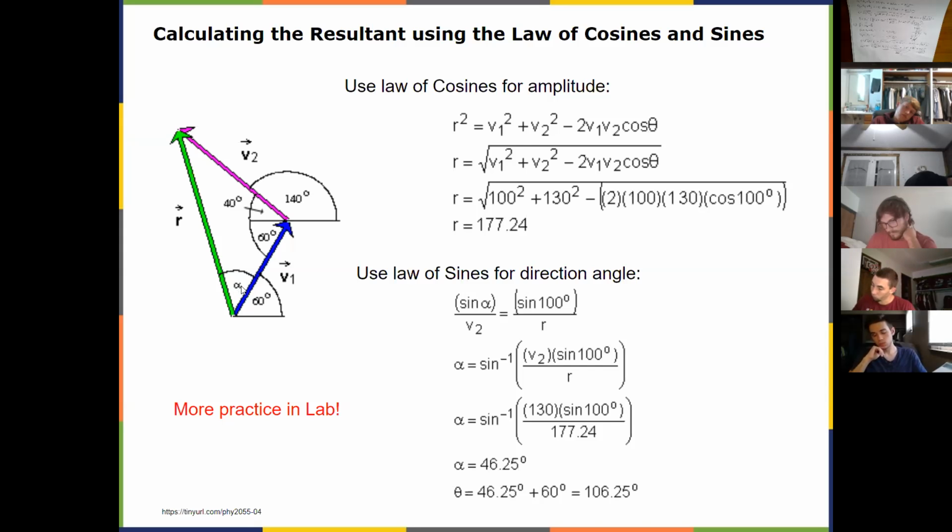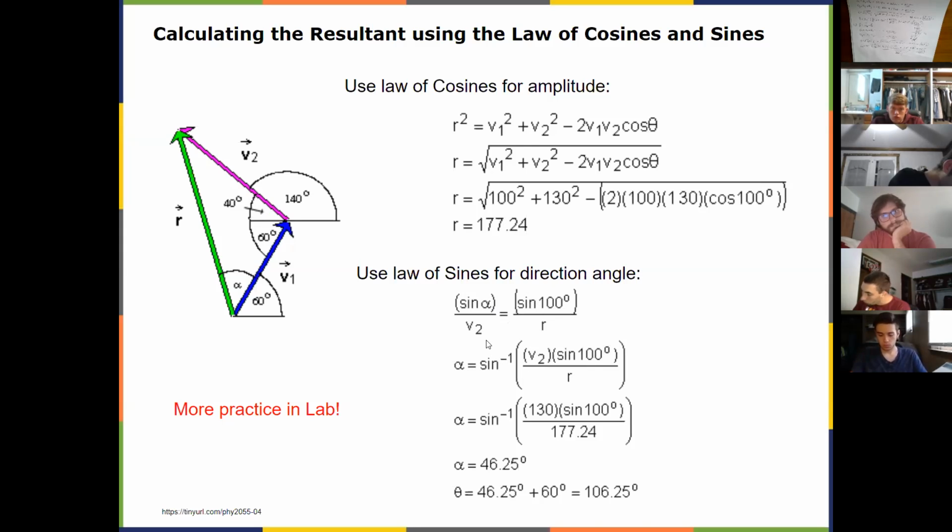So sine of alpha over the opposite side, v2, should be equal to sine of this 100 degrees over r, right? So sine alpha over v2 is equal to sine 100 over r. You know v2 is 130, okay? r is 177.24. You just plug in the numbers, solve for r, okay?